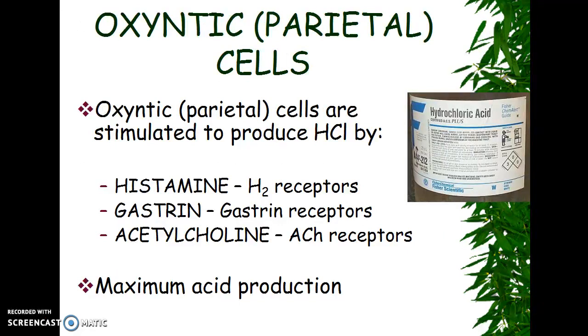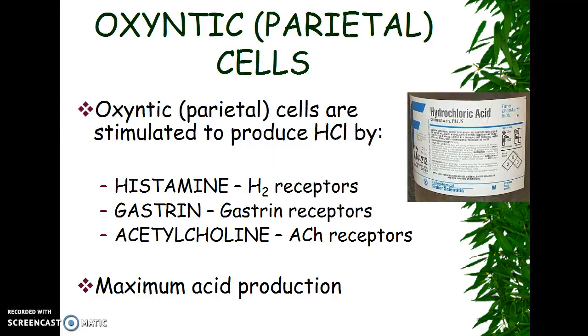So hopefully these names are going to be familiar to you, but we're going to talk about the oxyntic or parietal cells. These are in the stomach lining, and they are stimulated to produce hydrochloric acid. There are 3 different receptors that we'll talk about that are on the cells. The maximum acid production occurs when all of these are stimulating the parietal cells.